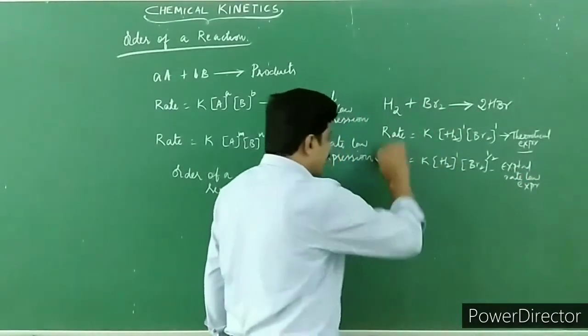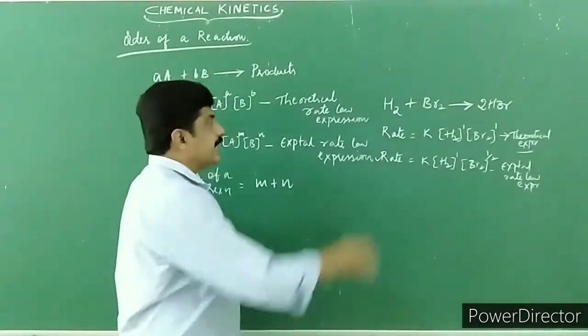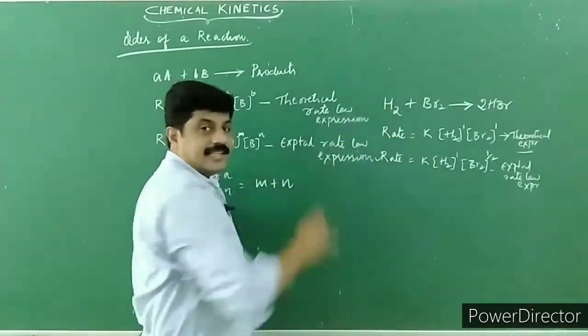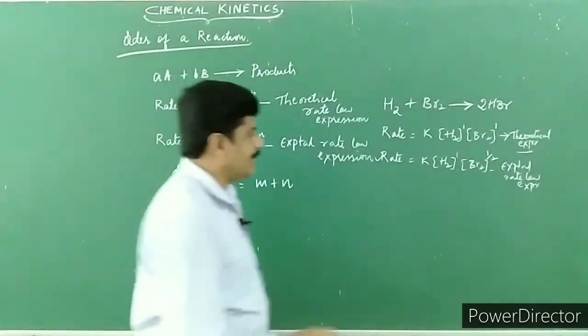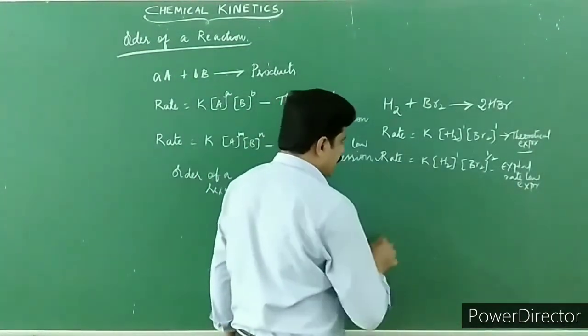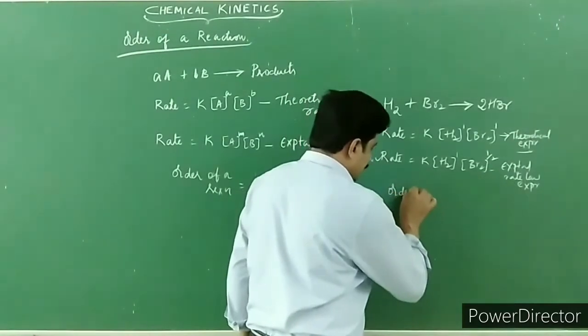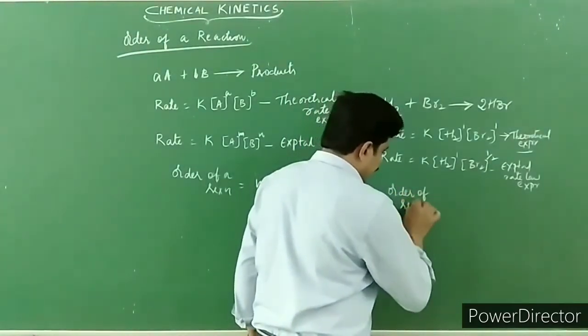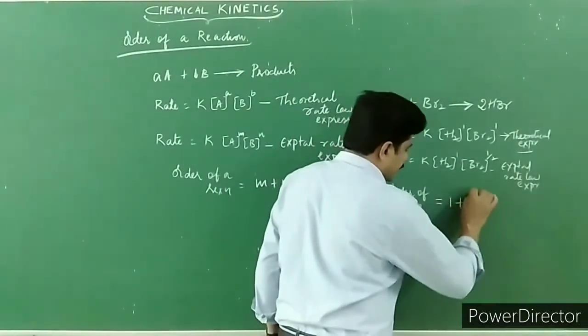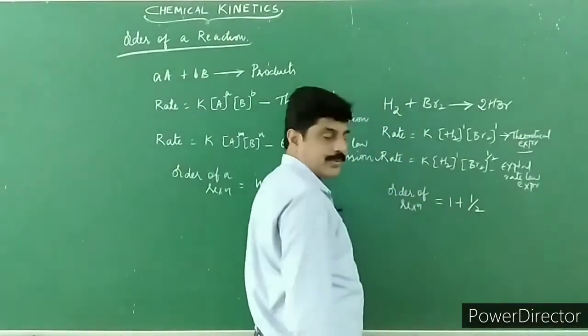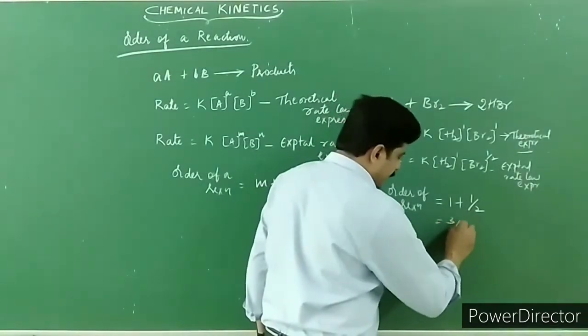Now I need to consider this expression for finding the order of reaction for this reaction in which hydrogen combines with bromine to form hydrogen bromide. Children, look at here. How do I write? Now order of reaction is equal to 1 plus 1 by 2, that is equal to 3 by 2.